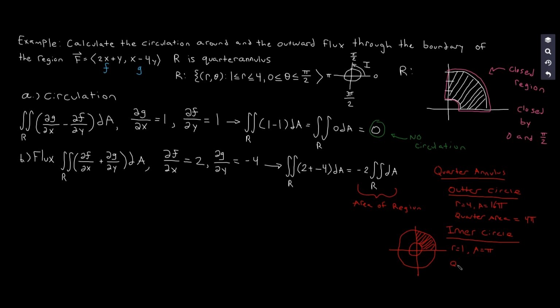And so the quarter area is going to be pi over 4.